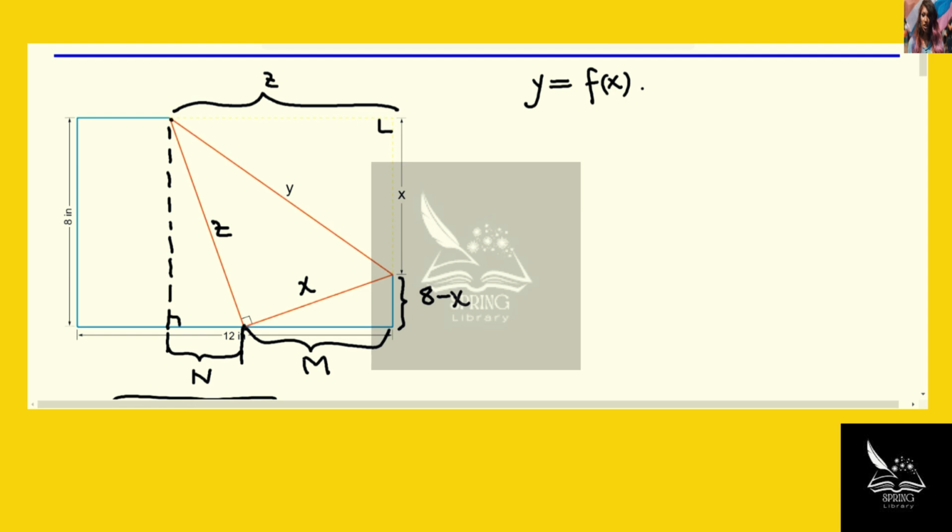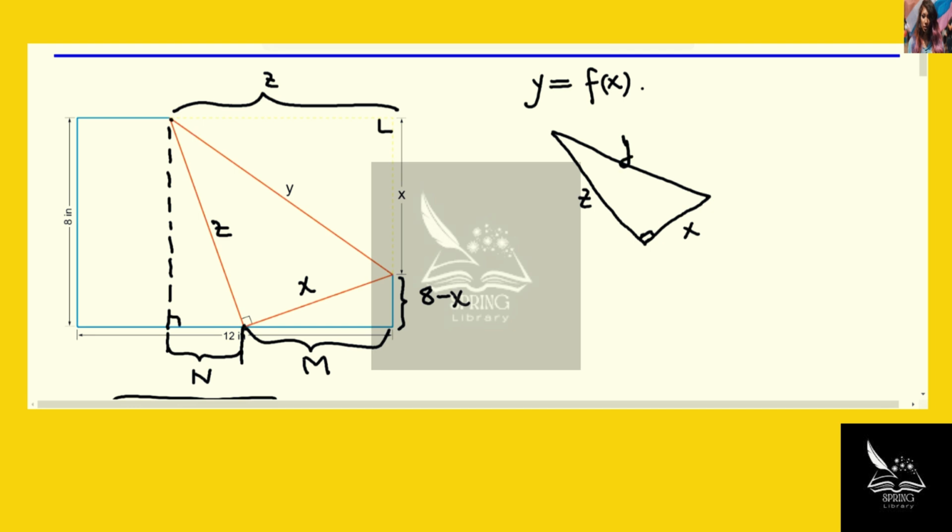The first one is this inclined right triangle. And it's this one here, with the right angle here, and x, z, and y.